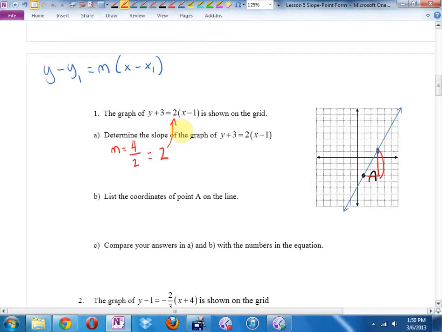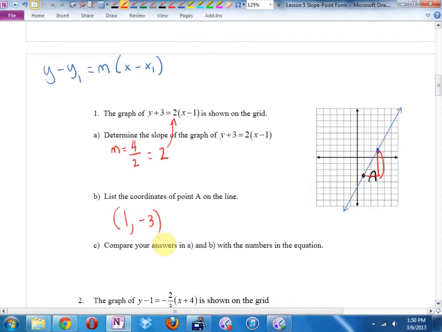B, I wrote, list the coordinates of point A on the line. What are the coordinates of point A? 1, -3. Can you see where the 1, -3 appears in the equation anywhere? See where the 1 is? There's a minus sign in front of it because that came from the slope formula.